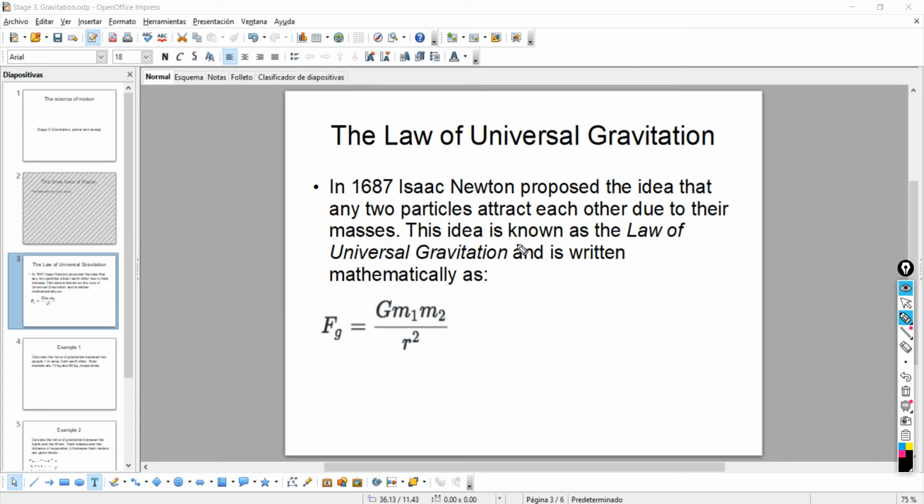This idea is known as the law of universal gravitation and is written mathematically as follows.